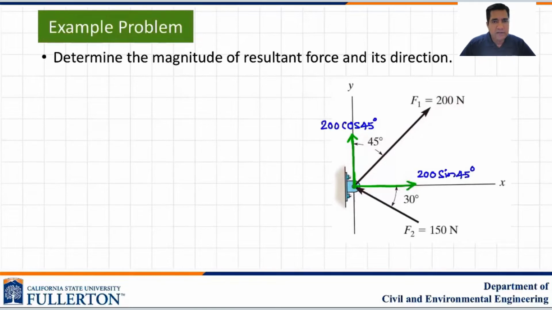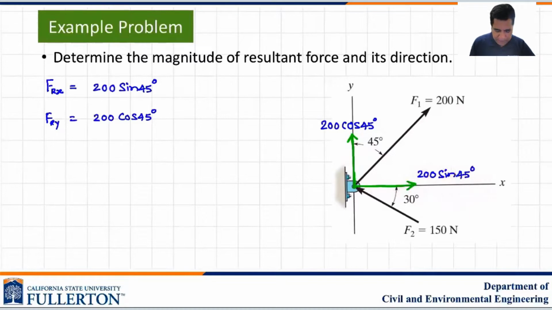Now that we can write these x and y components, we can start forming our resultant vector. For the resultant vector, the x component will come from this, which is positive 200 sine 45. That would be one term. And the y component from F1 is 200 cos 45. It's also positive. So this would be the FRy term, 200 cos 45.